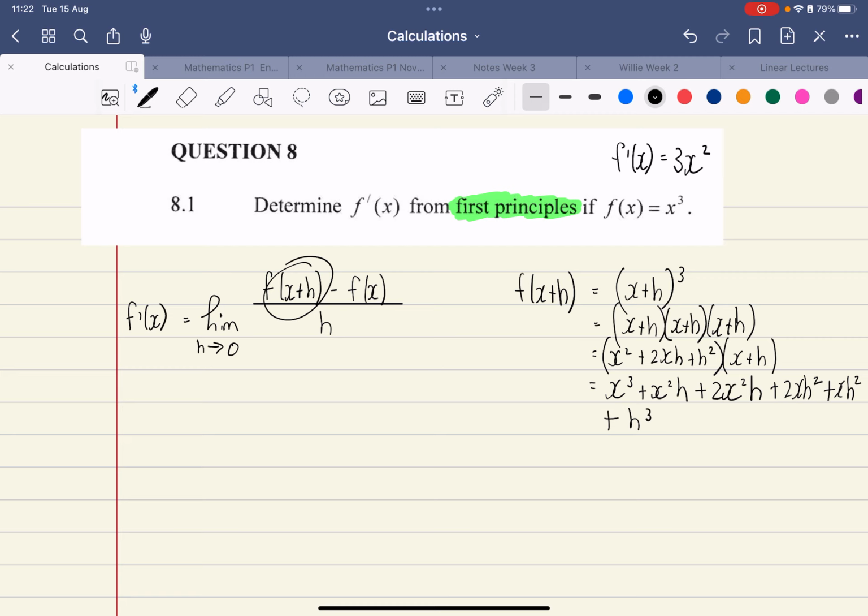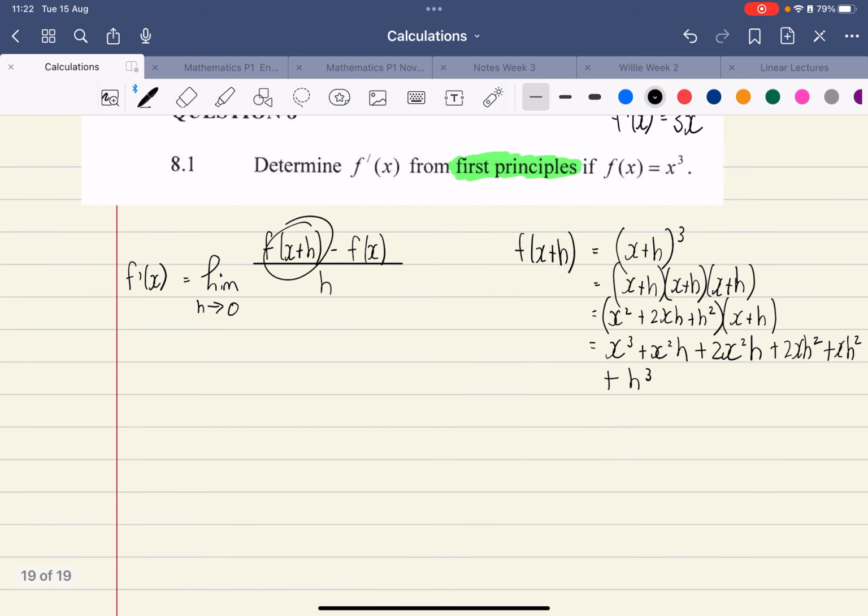So let's check that. x cubed, x squared h, 2x squared h, 2h squared x, xh squared, plus h cubed.